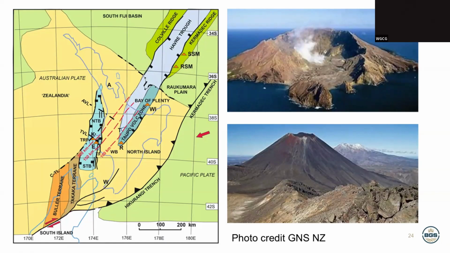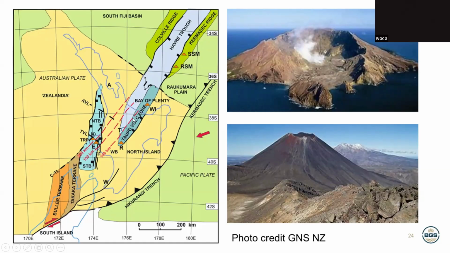Basically, the story from New Zealand is that we've got an offshore basin here. We've got the Pacific crust here, which is being subducted westwards beneath North Island. We've got an offshore marginal basin here with a trough, which penetrates southwards into North Island as this wedge of the Taupo volcanic zone.